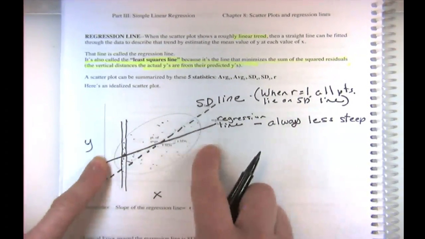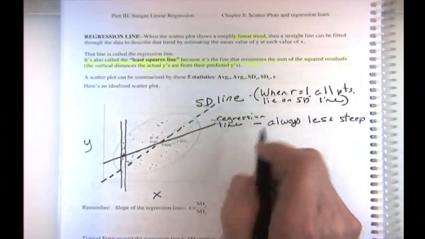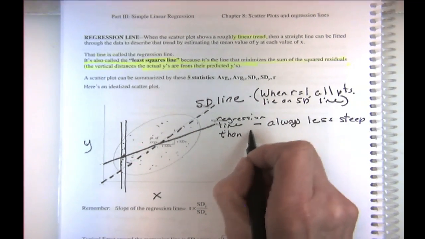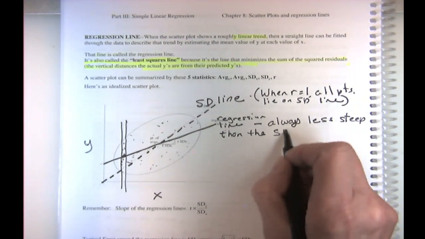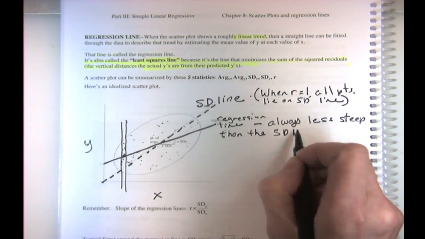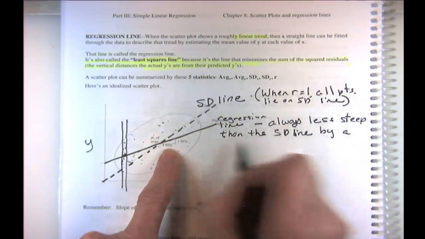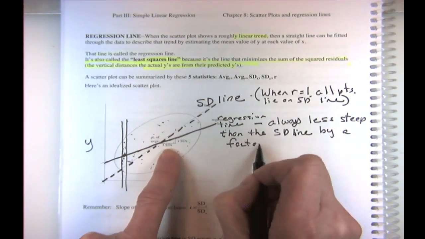It's always flatter than the SD line. And how much less steep it is is by this factor of r, the correlation coefficient.